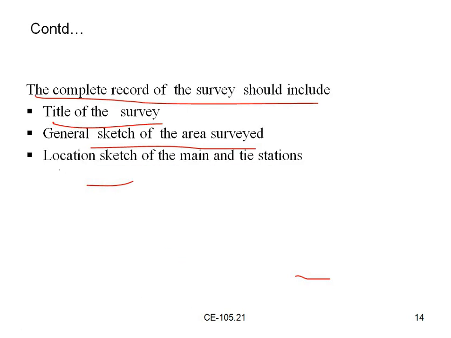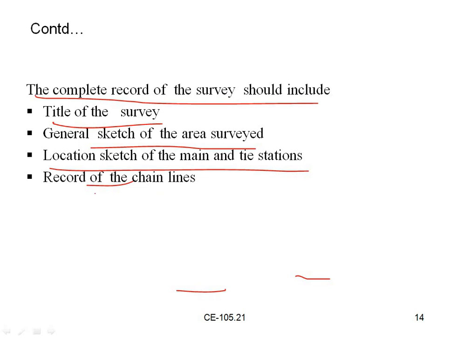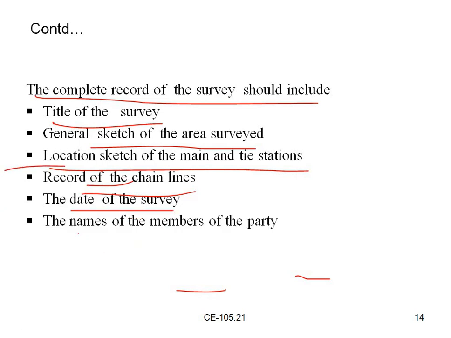Next, a location sketch of the main and tie stations. How many main and tie stations are there? We have to locate them and draw them. And a record of the chain lines. How many chain lines are there? We have to record them. And the date of the survey, on which day the survey was done. And next, the names of the members of the party.